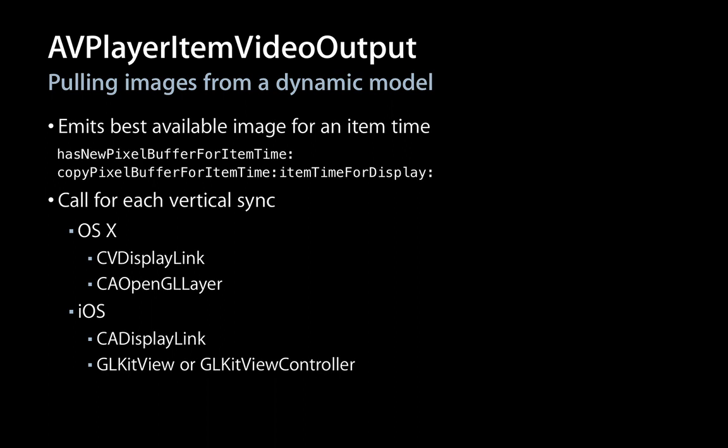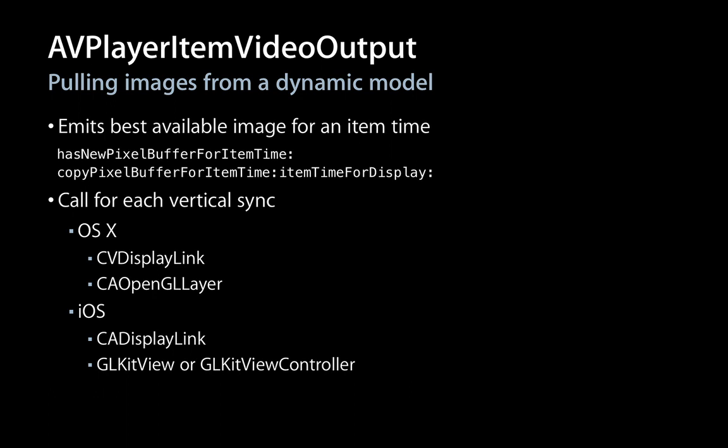To drive your use of the AV player item video output, you need to use a fixed-rate, hardware synchronized service. And on OS X, the candidates are a CV display link and a CA OpenGL layer. On iOS, you've got the CA display link or the GL kit view or view controller.